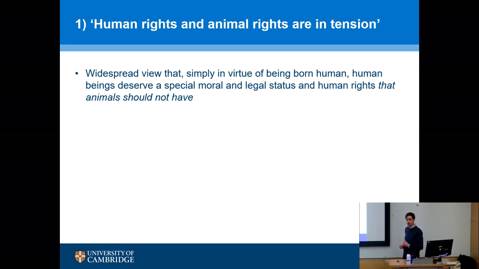If they are allowed to have it, it would dilute, it would undermine the special status, the special rights, the equality that only human beings have, indeed, simply in virtue of being human.